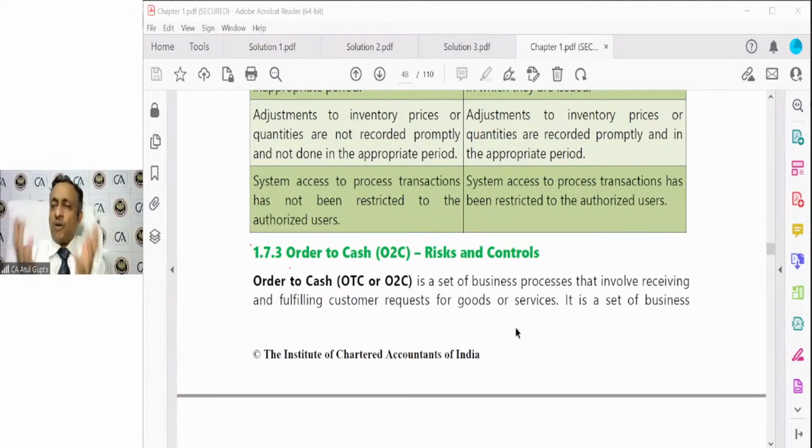So let us read it in auditor's terms: if the system is not properly configured, it raises the inherent control risk for the financial audit. That means the financial auditor, before he or she goes for the audit part, has to do a good analysis of the system itself, how it is configured.